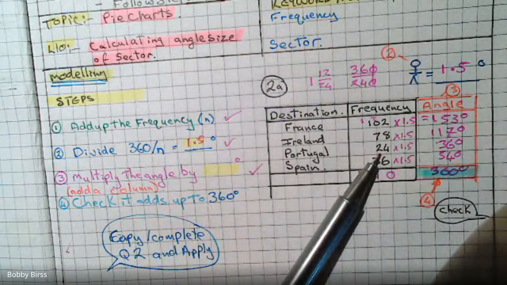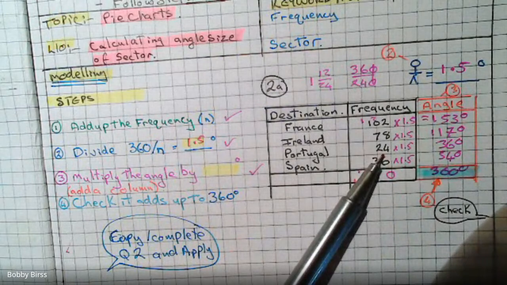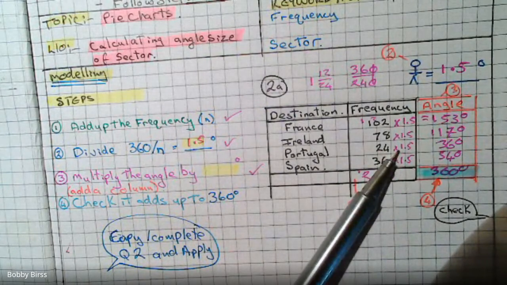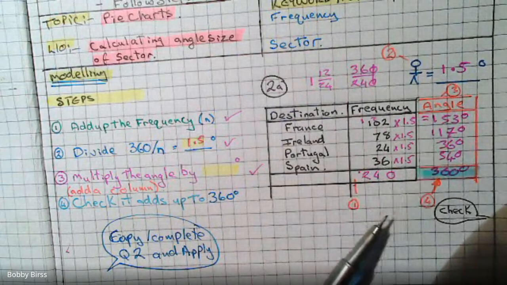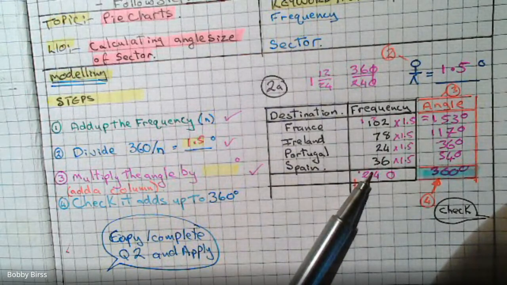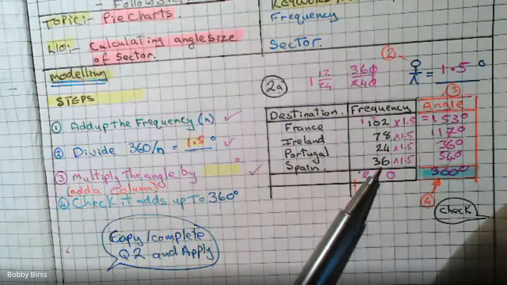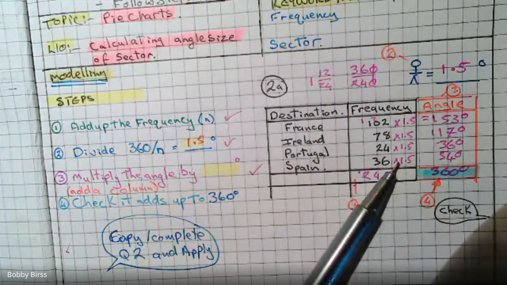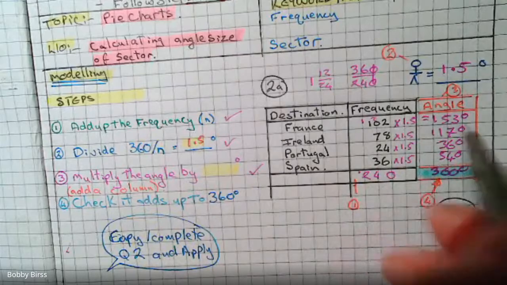Portugal, the smallest slice, there were only 24 people there. 24 times 1.5 gives me 36. And 36 people went to Spain. That's mad because I would definitely go to Spain. 36 times 1.5 is 54 degrees.